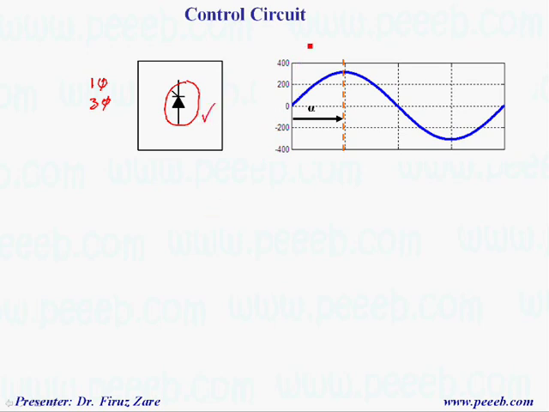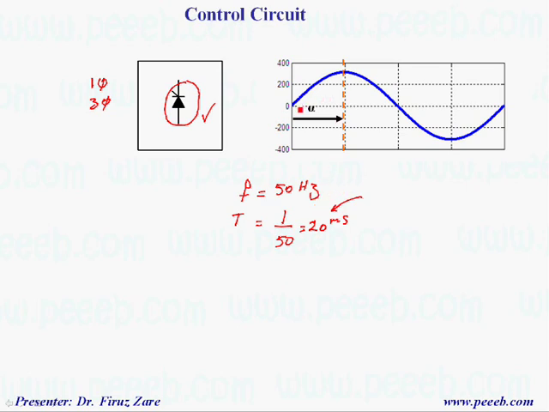So if you look at the cycle and line frequency, we can find different switching times. For example, if the line frequency is 50 Hz, that means one cycle is 20 milliseconds. So one way to define the switching time is based on this cycle.